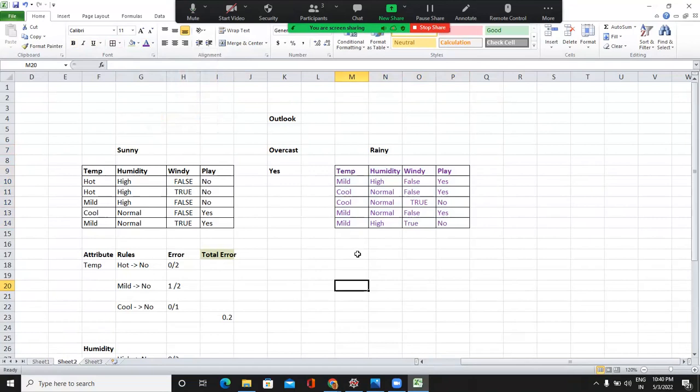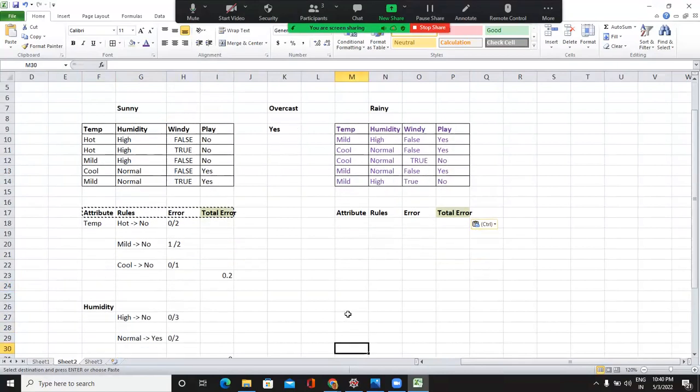So in rainy, what we will do again, attributes, rule. So again, what are the attributes here? Same: temperature, humidity, windy. So we will calculate for the three.